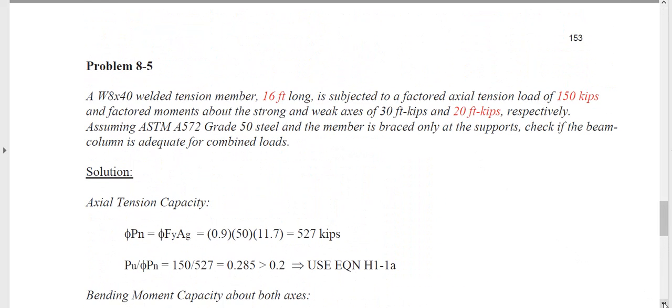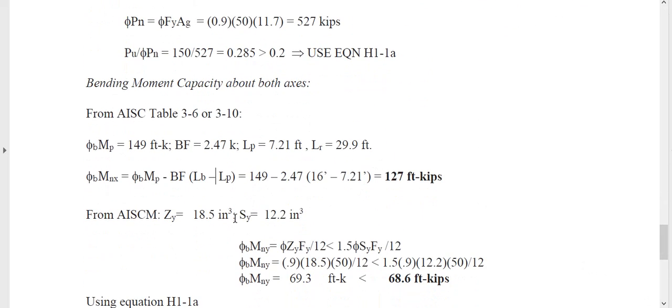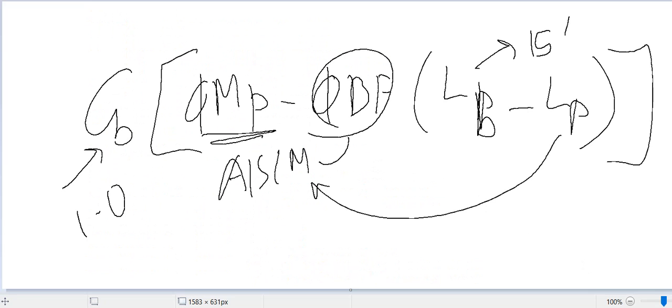So it is in between. So our moment capacity will be based on this equation, Cb times Mpx minus BF times Lb minus Lp. Now Cb we can find from the AISC manual. This time it is 16 feet.